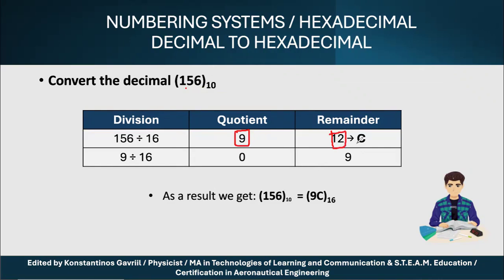But 12 means C, according to the rules that we have seen before. After we get 9, 9 divided by 16 gives 0 as a quotient and 9 as a remainder. So our number is 9C in the hexadecimal system. And this is the conversion from decimal to hexadecimal.